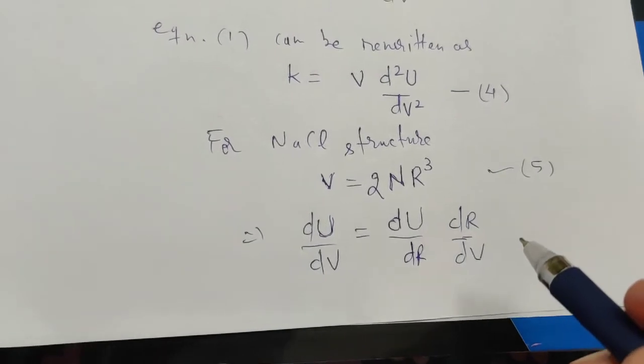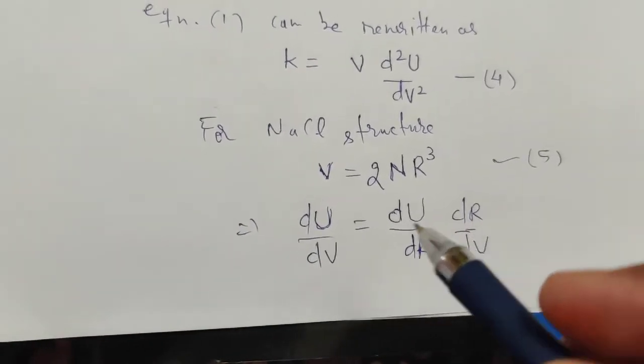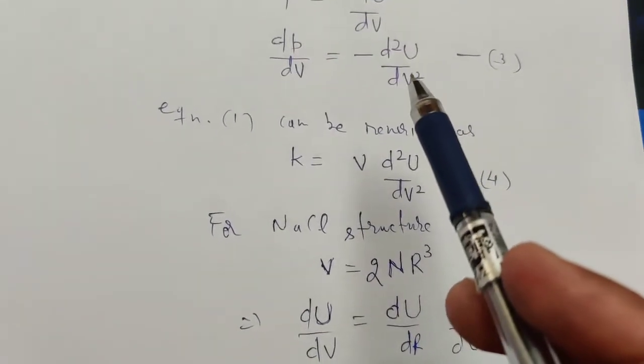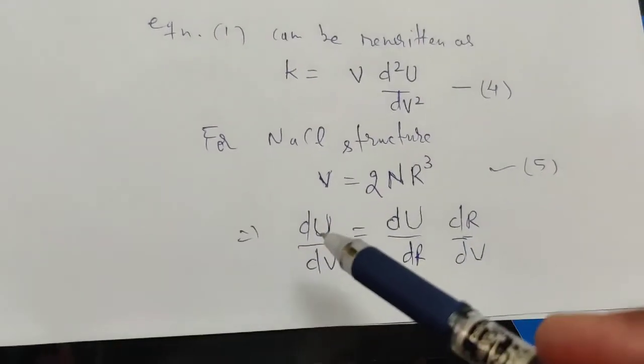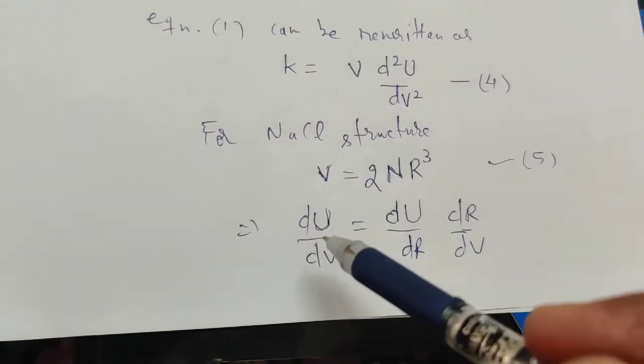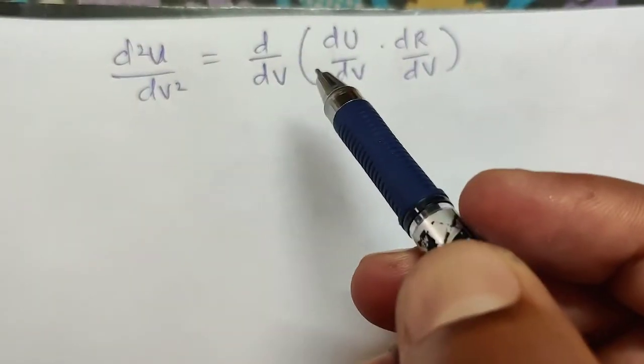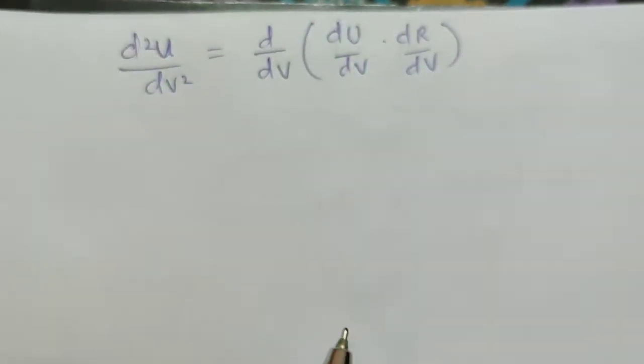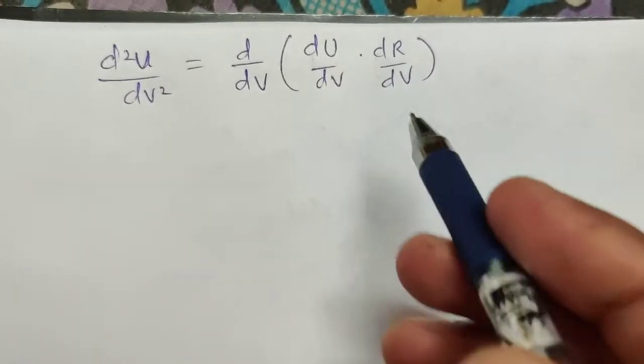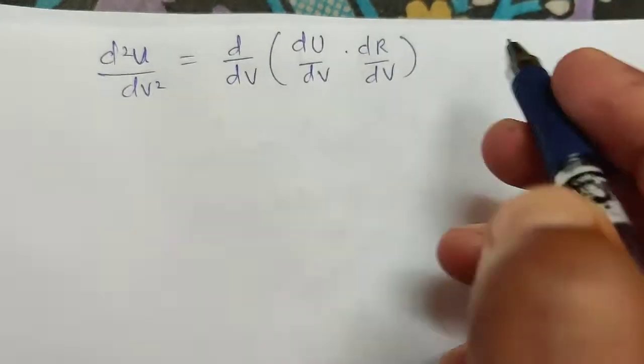This is the chain rule of differentiation. So now I need the double derivative. So now differentiate again with respect to volume. Now the product rule of derivative.